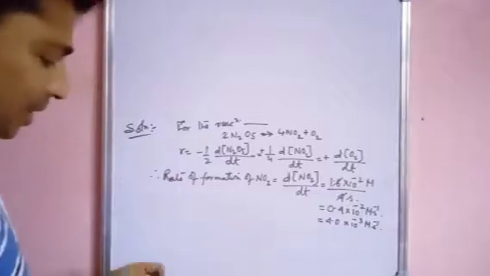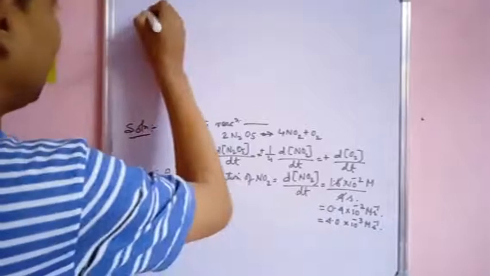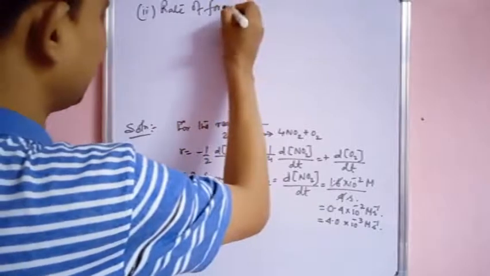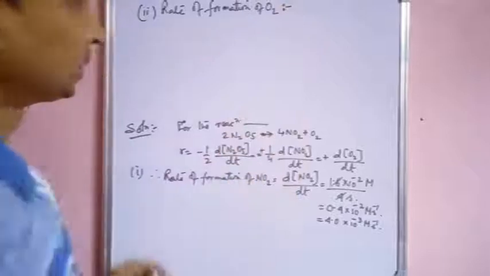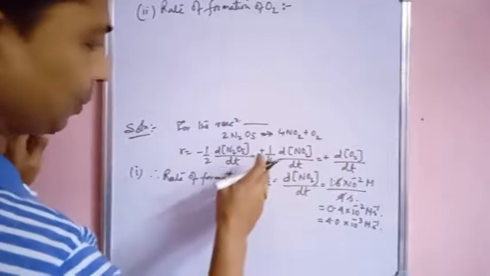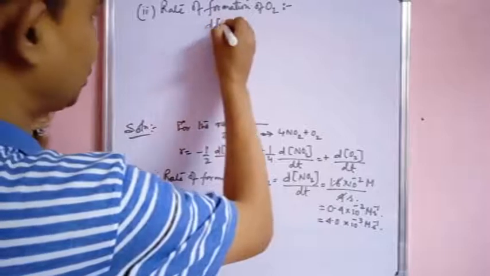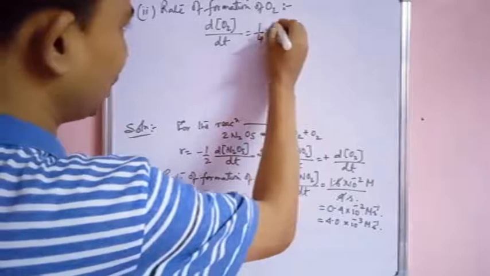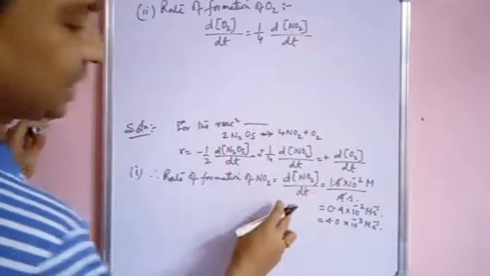So how will we calculate it? See, from this differential rate equation, dO2 by dt is equal to 1 by 4 dNO2 by dt, and what is dNO2 by dt that we have?